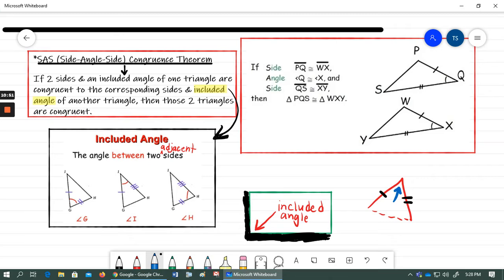That one is the included angle. Okay. Alright, so again, that's that. Moving on.